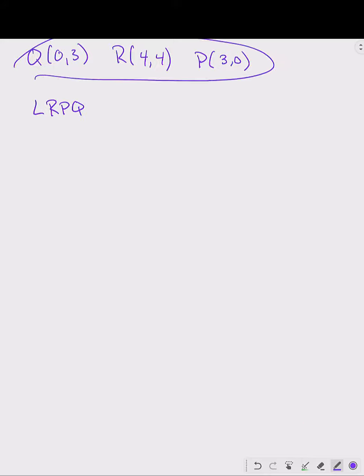So these are the 3 points on the triangle, and we're asked to find the angle RPQ. So usually you draw it out first. So here's my XY axis, and one of the points would be here.